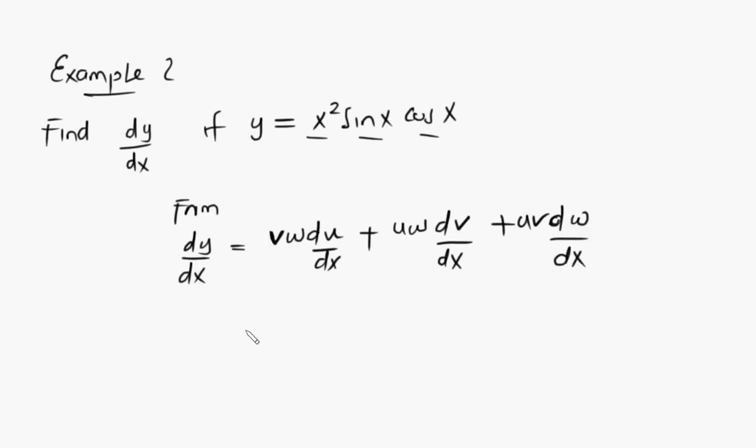So this is a product rule. So what do I do now? Just let, this one is for when y is just uvw. So let u equal x squared, v equal sine of x, and w equal cos x.